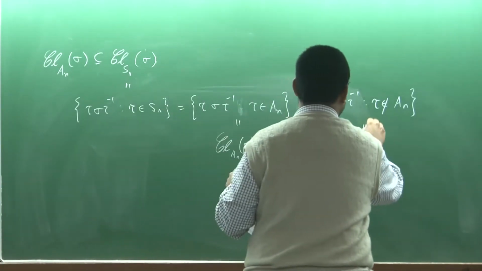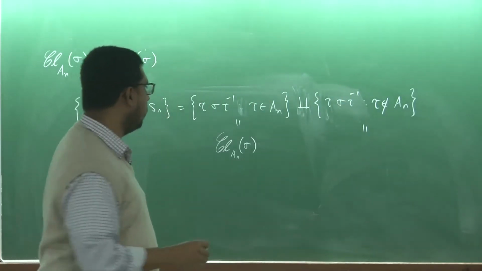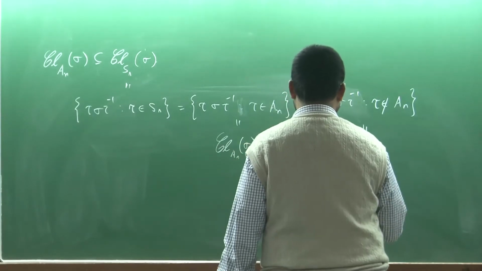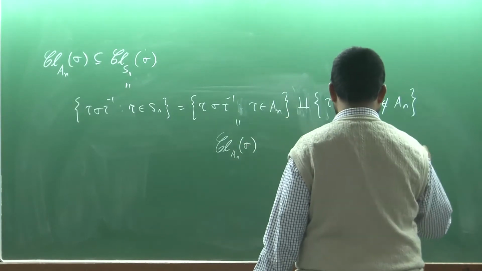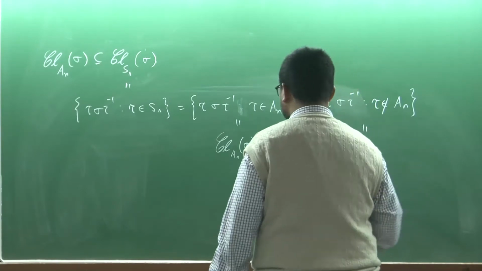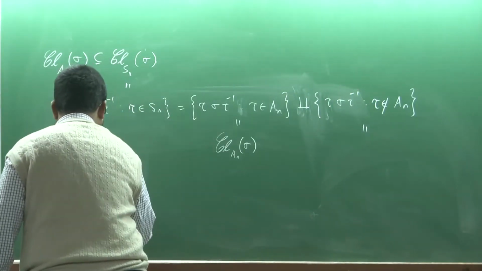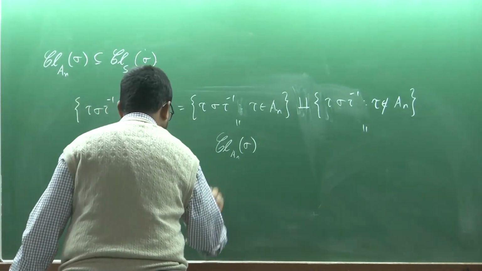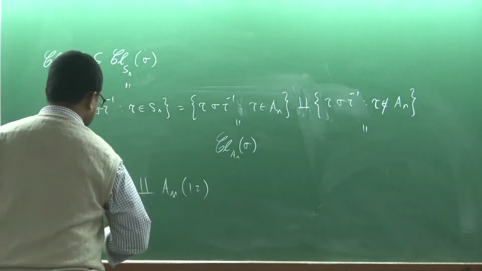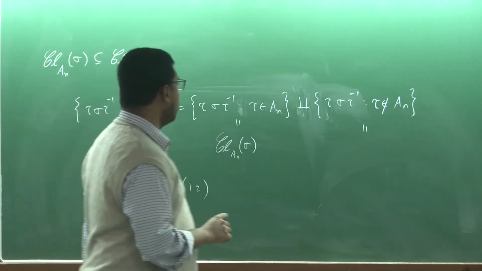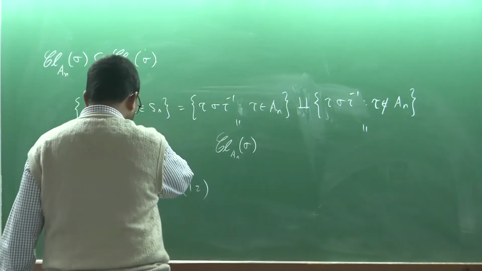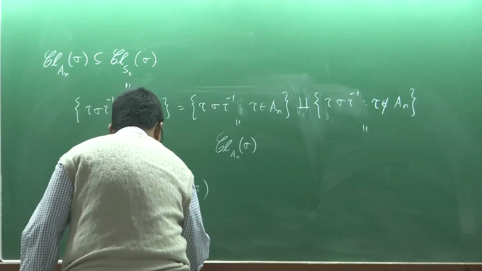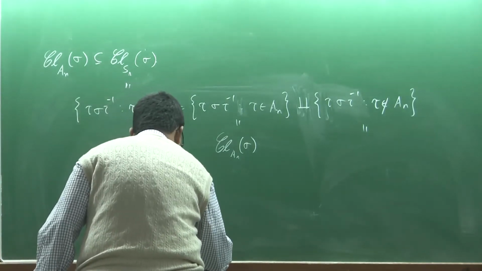Now, let us see whether we can have some better description for that. We rewrite this as follows. Let me remind you that Sn is the disjoint union of An and the right coset of An by the transposition (1 2). Therefore we see that this can be written as follows.